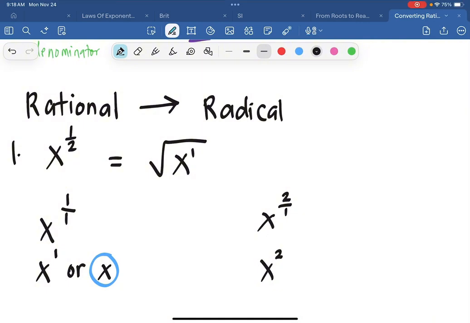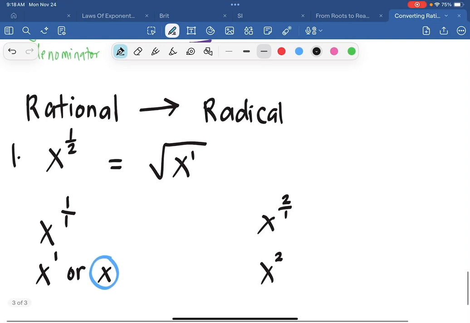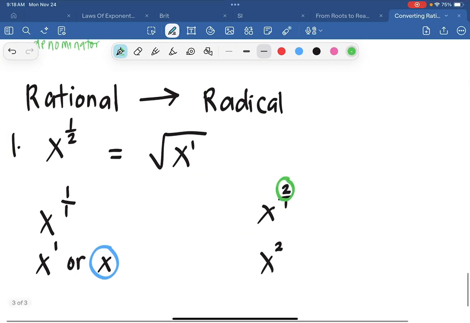That's why we cannot use a denominator of 1 when it comes to rational to radical or vice versa. So a square root has an invisible 2 based on a 1/2 exponent basis. And I hope that's clear.